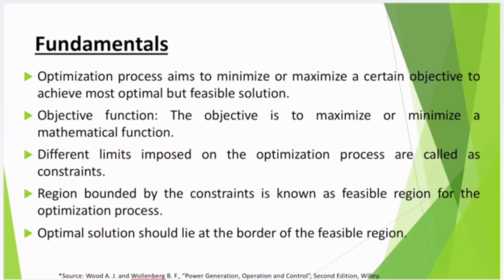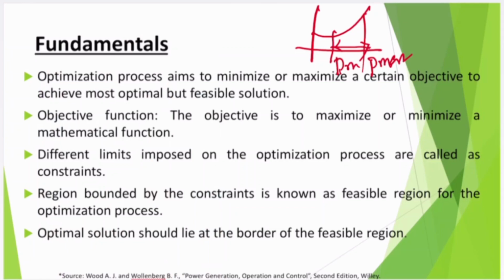Many times I have told you that if there is a cost characteristic, so let me just demonstrate it. If this is going to be my cost characteristic, and this is my P minimum, and this is my P maximum, then within this range you have to change your P. So P max is the maximum limit and P min is the minimum limit, and hence that is my constraint.